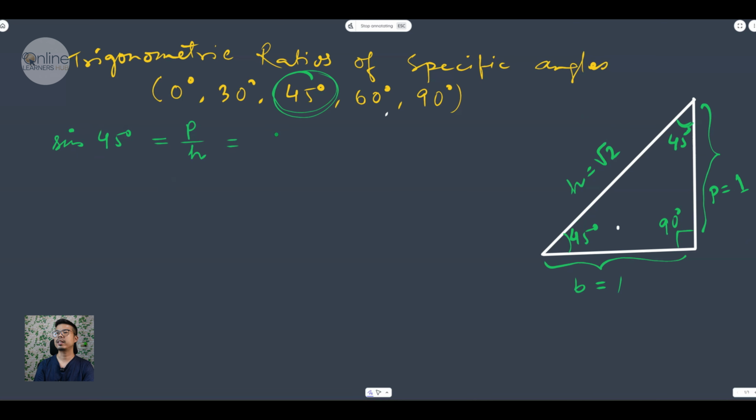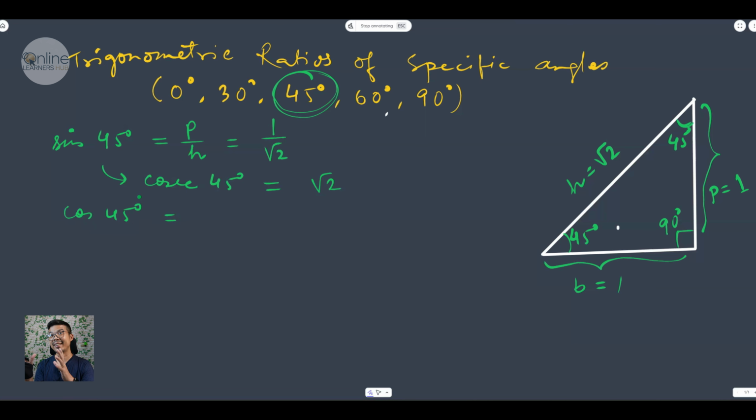This is P, this is H. So 1 by root 2. Now what about cosec 45? Cosec is the reciprocal of sine 45. Yes, I was right. So it will be root 2. What about cos 45?